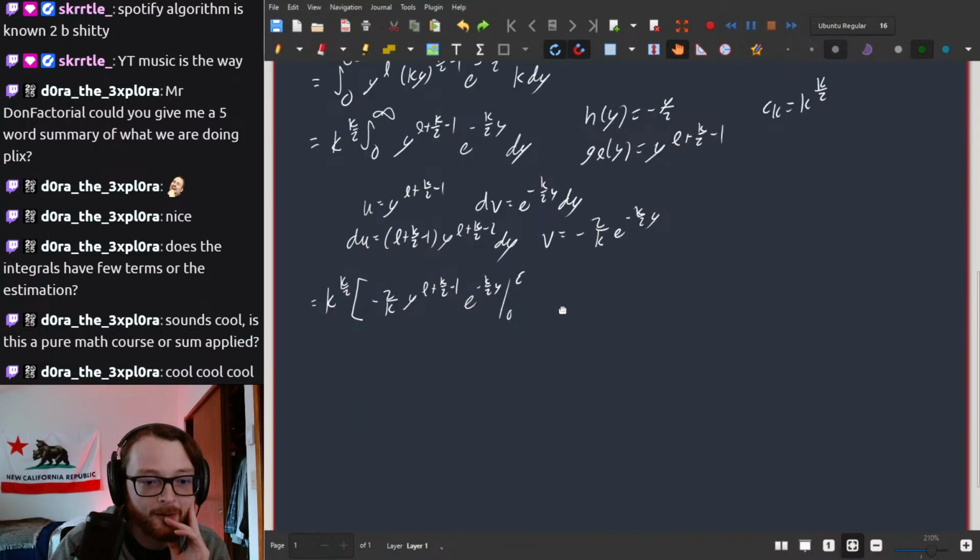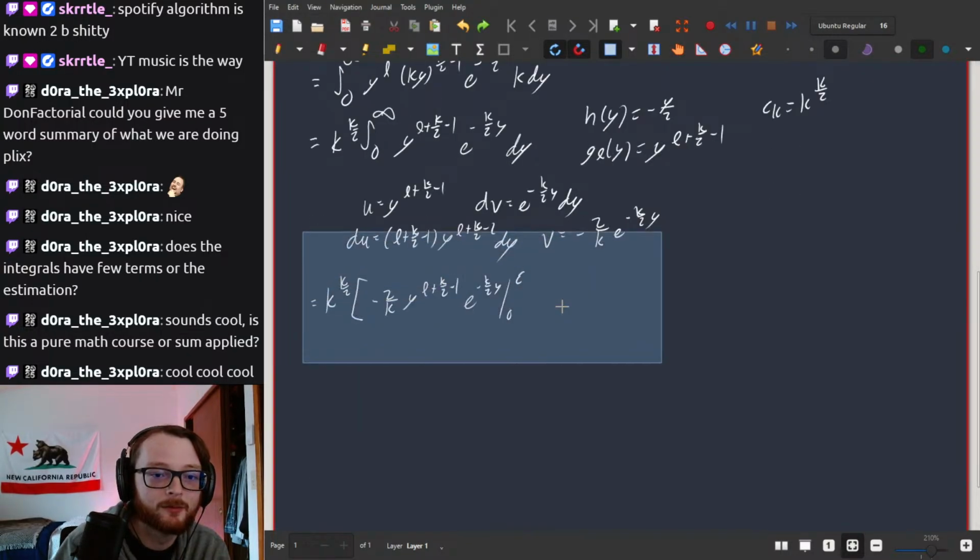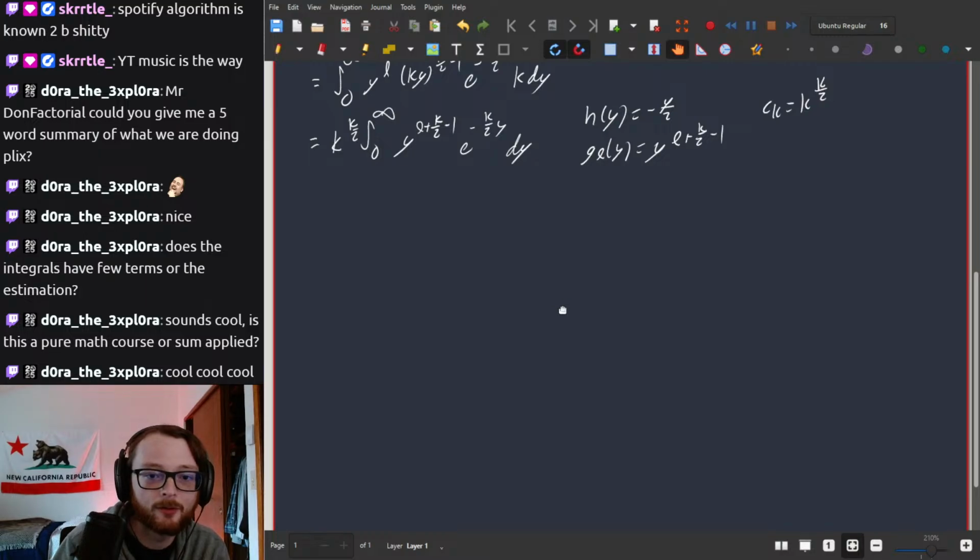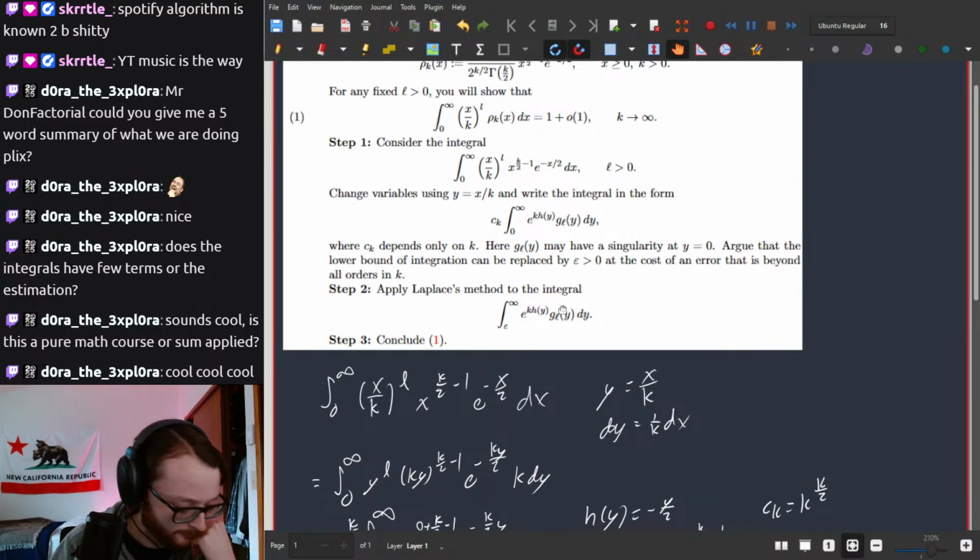So I'm coming back around to the idea of Watson's lemma now, but maybe not exactly like that.